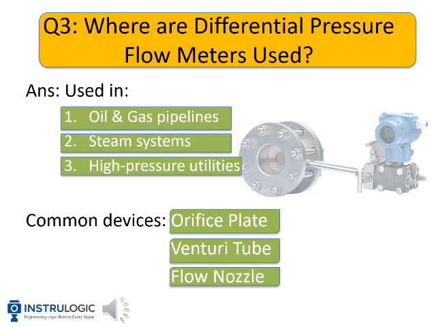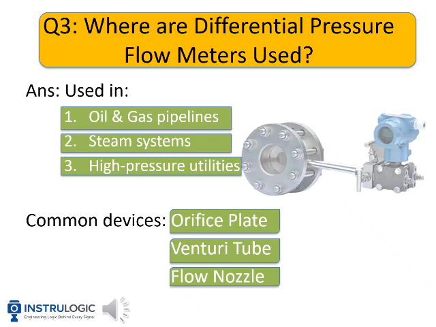Question 3. Where are differential pressure flow meters used? These meters are widely used in oil and gas pipelines, steam systems, and high-pressure utilities. Why? Because they can handle extreme conditions and provide reliable measurements even in harsh environments.